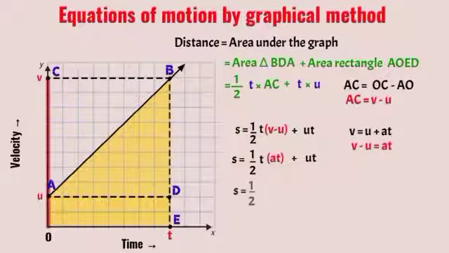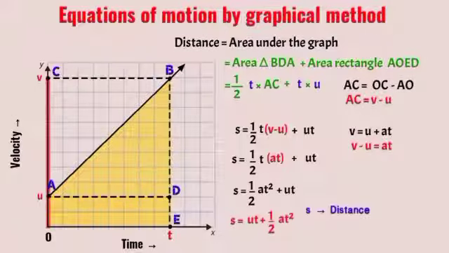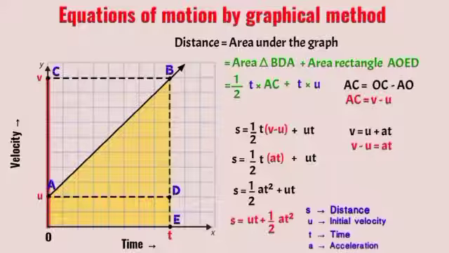Now let's simplify this. S is equal to half into T into T is T square, then it becomes half into AT square plus UT. And when we rearrange it, we get S is equal to UT plus half AT square, where S is distance, U is initial velocity, T is time and A is acceleration.